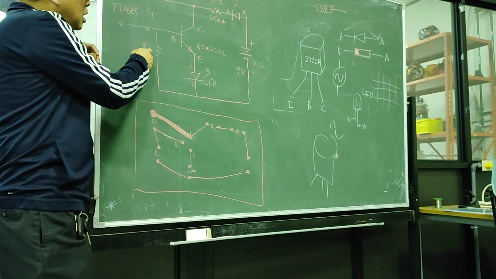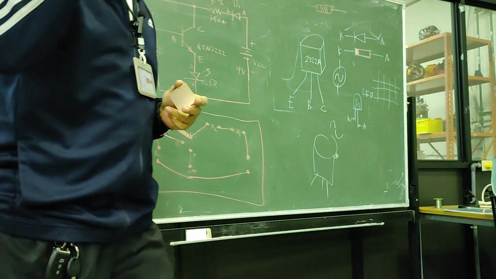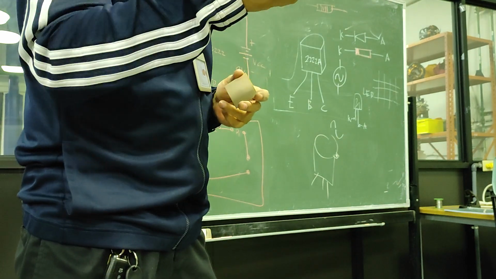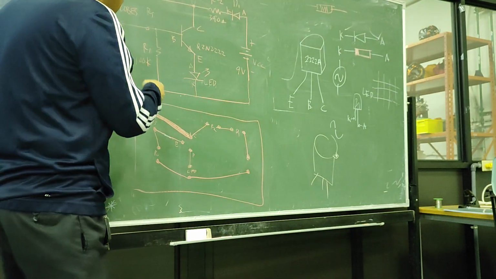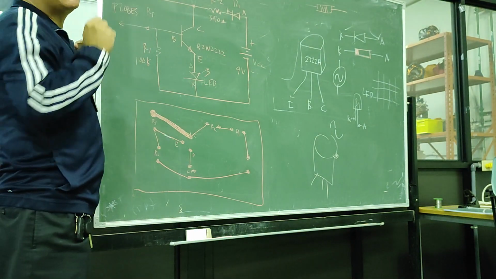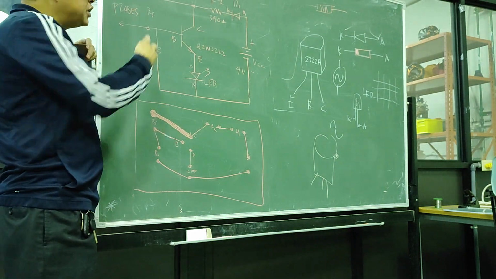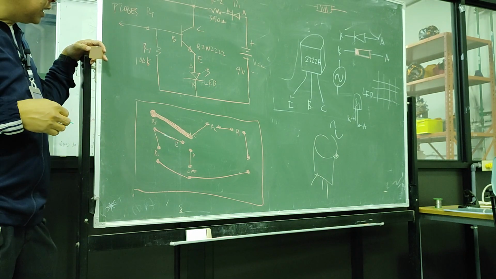Like resistor, how many terminals is that? Two. So the number of pads is equal to the number of terminals. For a resistor we need 2 pads, for a transistor we need 3 pads, and so on and so forth. Got the idea?